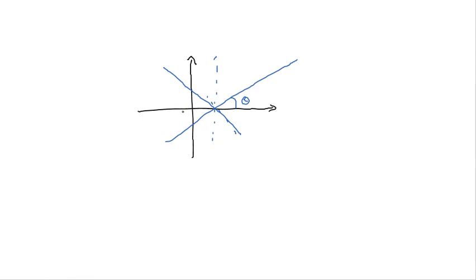Once I start going beyond 180 degrees, I just start repeating the original lines again. So we only really need to consider angles between 0 and 180 because it's just above the x-axis. So if you've wondered why I've not used any angles beyond 180 degrees, that's why.